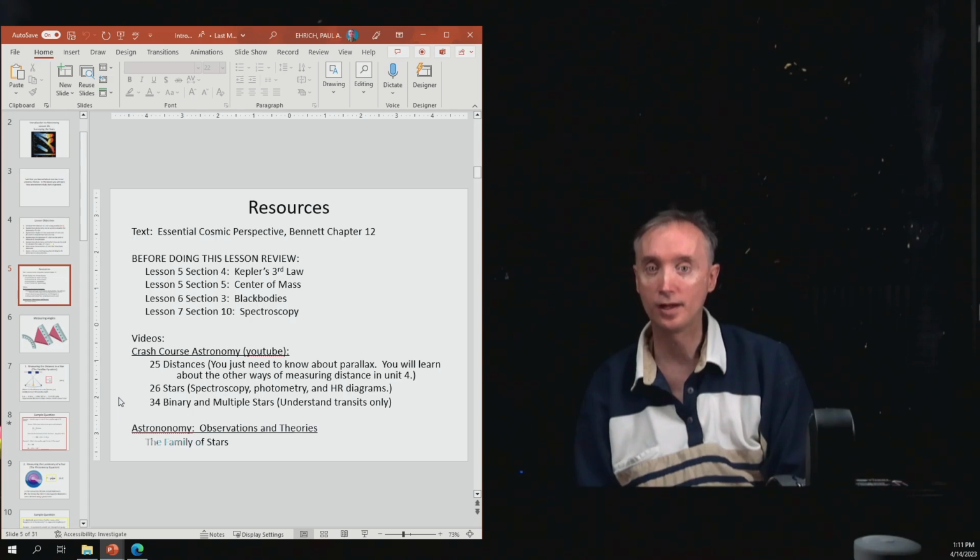Then from lesson number 5, go to section 5 and review what center of mass is. And then from lesson number 6, section number 3, review what a black body is and the black body radiation laws. And then from lesson number 7, section 10, review what spectroscopy was. So you might want to review those lessons before you take the exam.